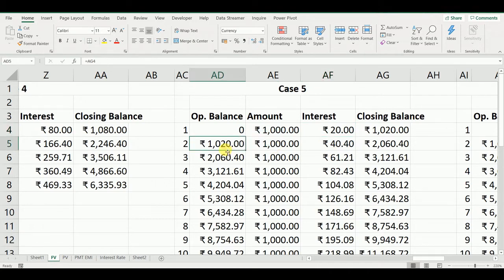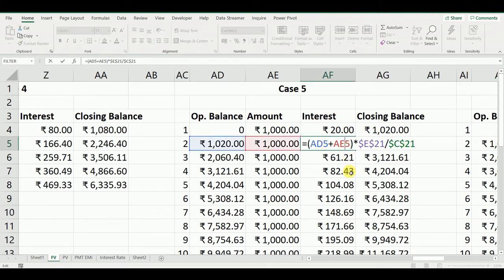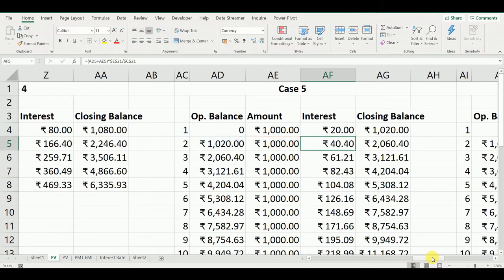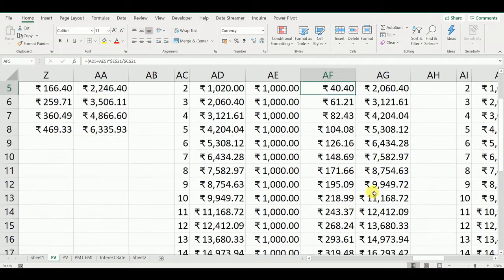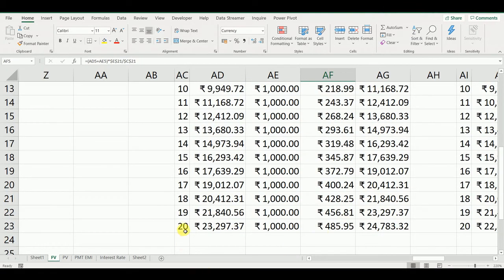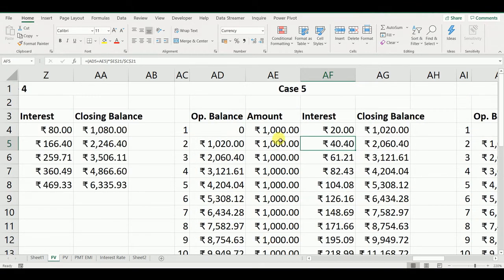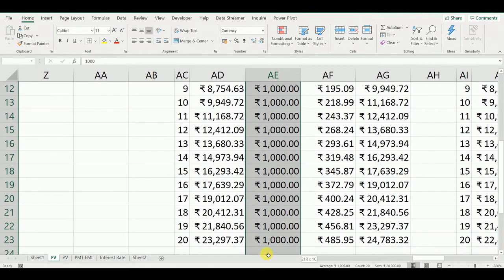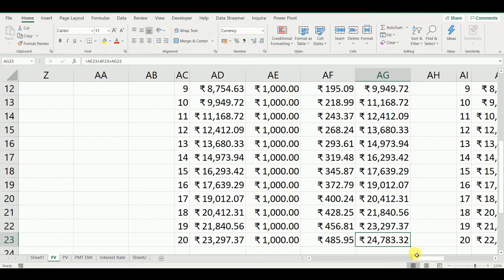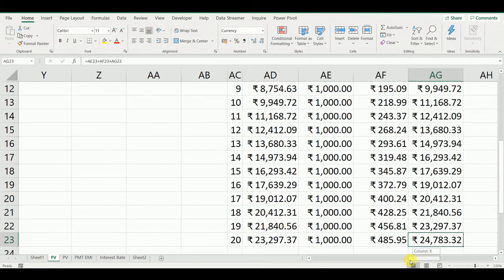Then for the second quarter, we will get the interest on 1020 plus 1000 into interest rate. So you can see after the end of 20 quarters, we have invested 20,000 rupees and we are getting 24,783.32.